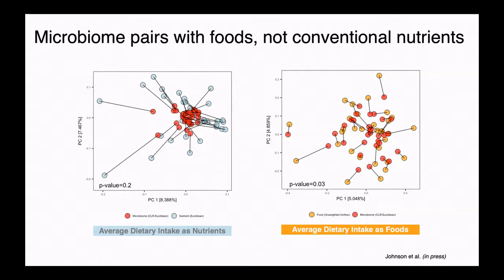So it's still diet distances overlaid on microbiome distances, but here the diet distances are determined by how closely related our foods are. So if one person eats kale and spinach, one person eats kale, another person eats spinach, their diets will be more similar than someone who eats an Oreo cookie. And when we use those distances, now all of a sudden we get a significant correspondence with the microbiome.